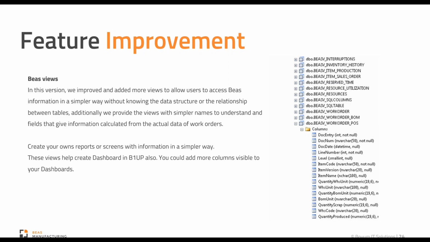So you can look at them. They are called Beas V underscore something. So you have them all in SQL. And we will continue to add more as we go forward. We've done most of the tables like that already, but we'll do more as we go forward.